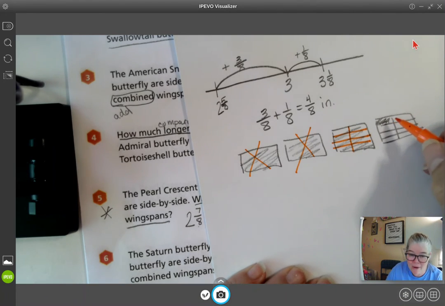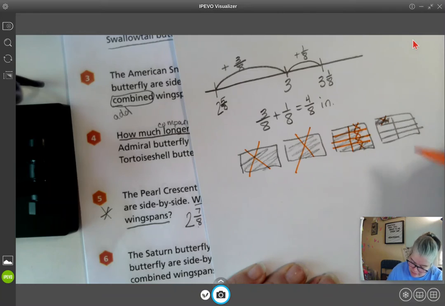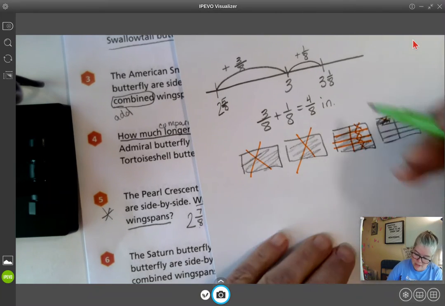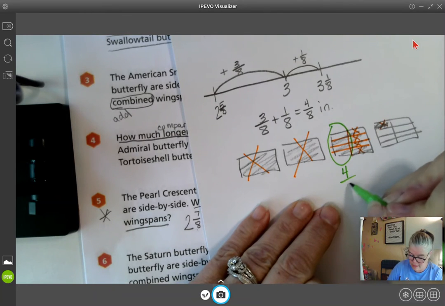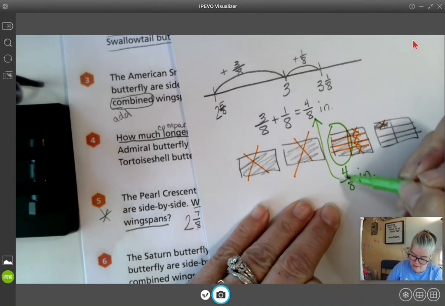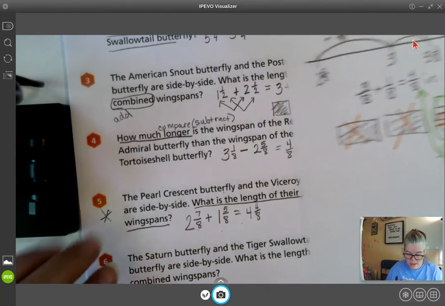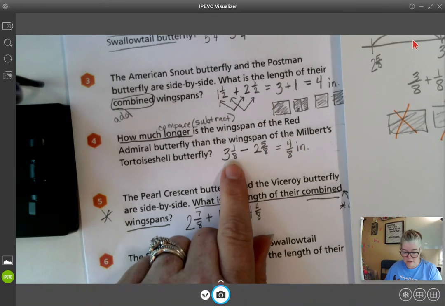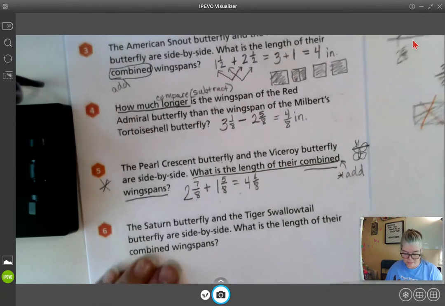And now I can cross off 5/8. 1, 2, 3, 4, 5. Look what that leaves me with. I'm left with 4/8 of an inch. So look, I got the same answer 2 different ways. I can be pretty confident that I'm right. So 3 1/8 minus 2 5/8 gives me 4/8 on this one.